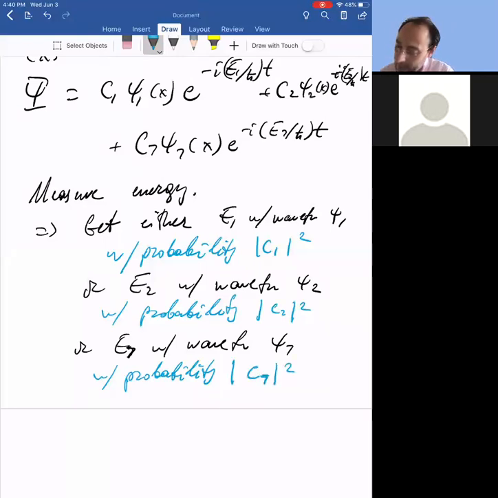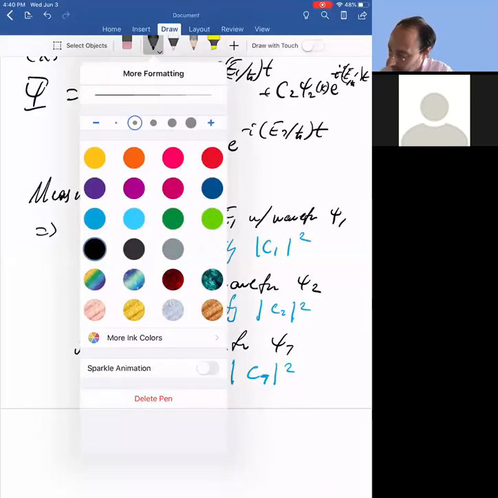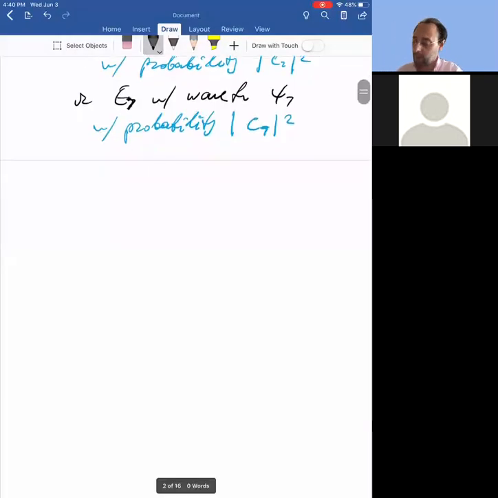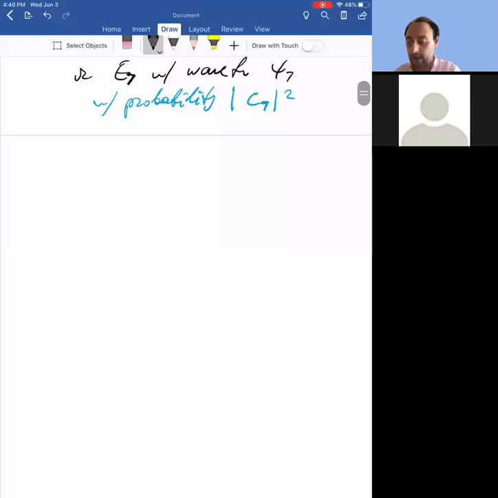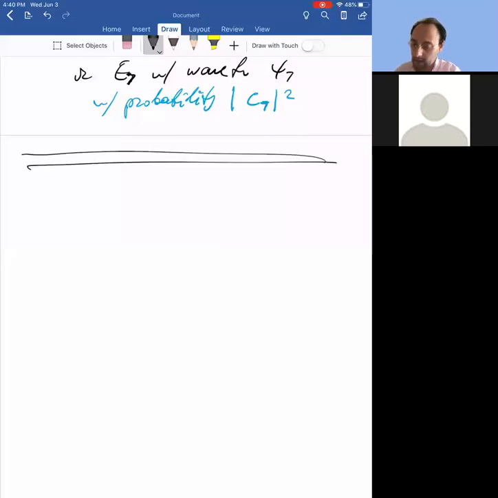And I hope you are seeing the pattern. We've already seen this kind of thing before. I gave you an example of a mixture of two plane waves.